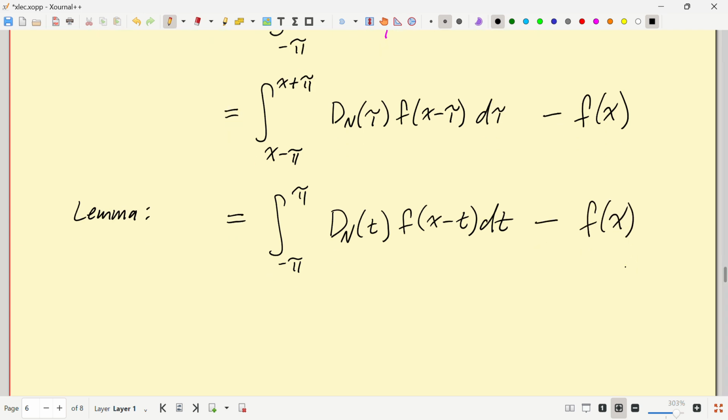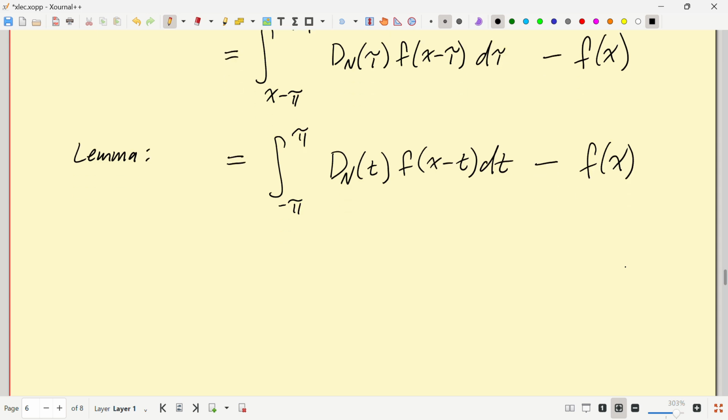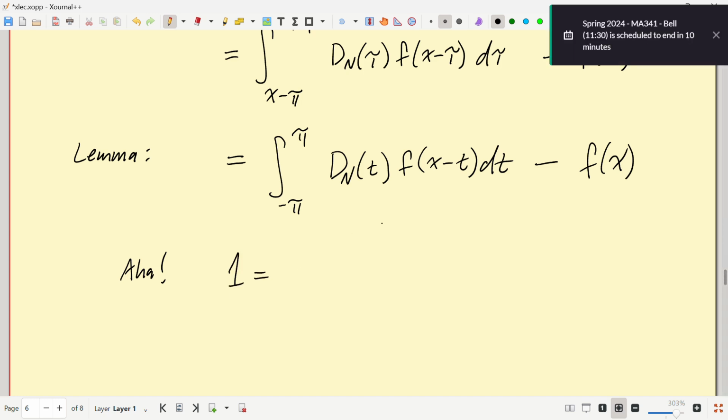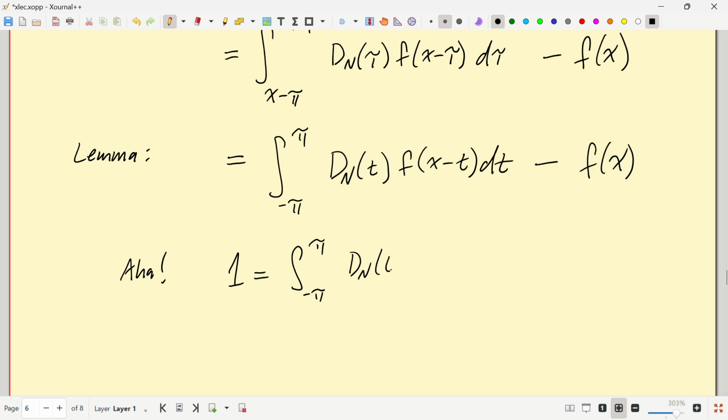And now the big idea: one is equal to the integral from minus pi to pi of Dn of t dt. And so I can write that as the integral from minus pi to pi of Dn of t times this f of x dt, because that integral is 1.